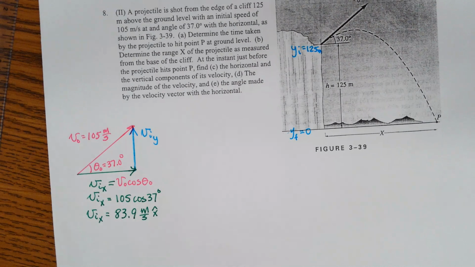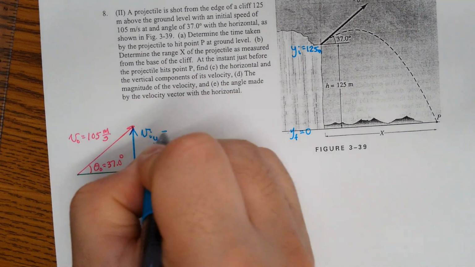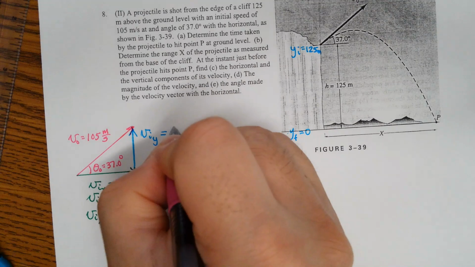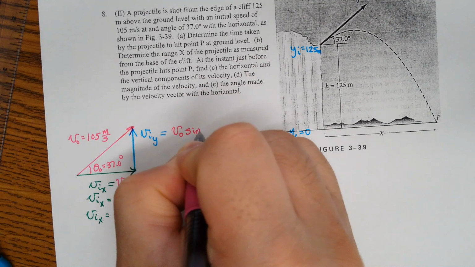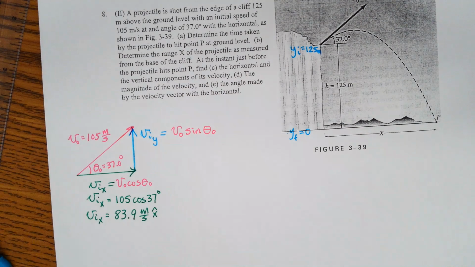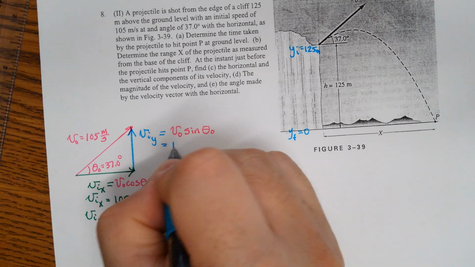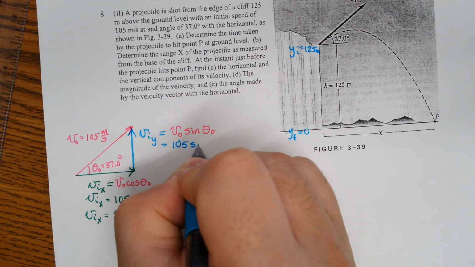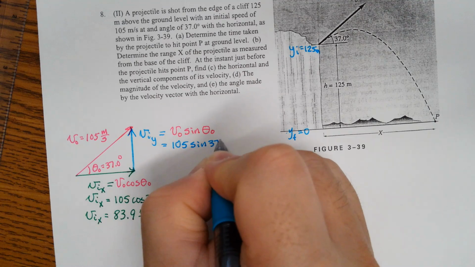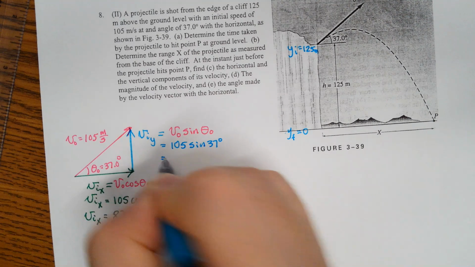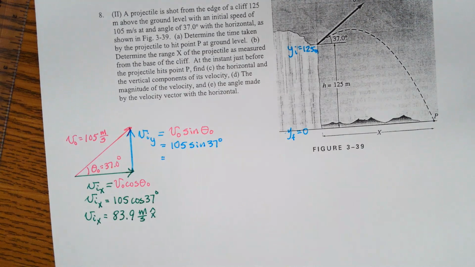Then your V_iy is equal to V naught sine theta naught, and that is equal to 105 times sine of 37 degrees. That is like what? 60 something, like 66 or something.